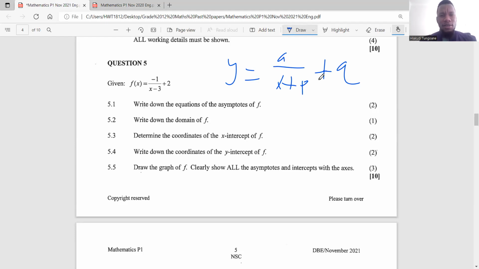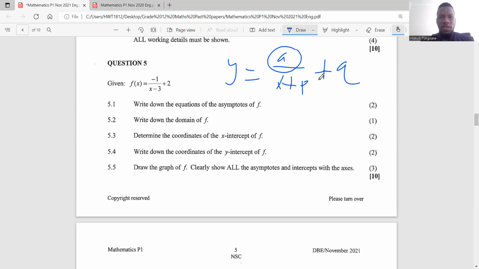Please visit the link down below. We mentioned that the value of a is very important for telling us the shape of the graph. Remember, the hyperbolic graph is always either in the first and third quadrants, or the second and fourth, depending on the sign of a.